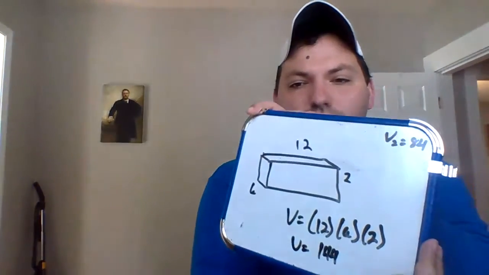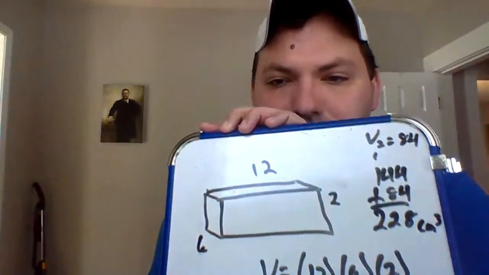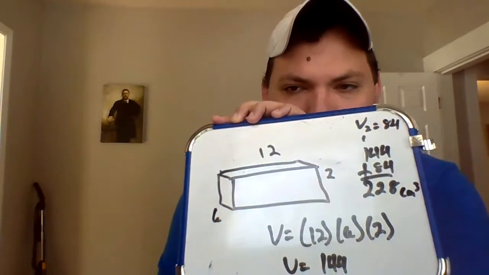We go volume equals 12 times 6 times 2. 6 times 2 is 12 times 12 is 144. So I get 144. Okay? So I'm going to do 144 plus 84. And would you look at that? I get my correct answer of 228 centimeters cubed.